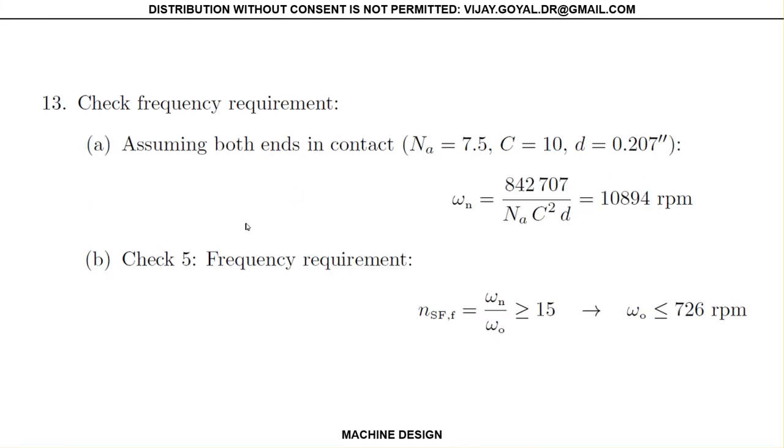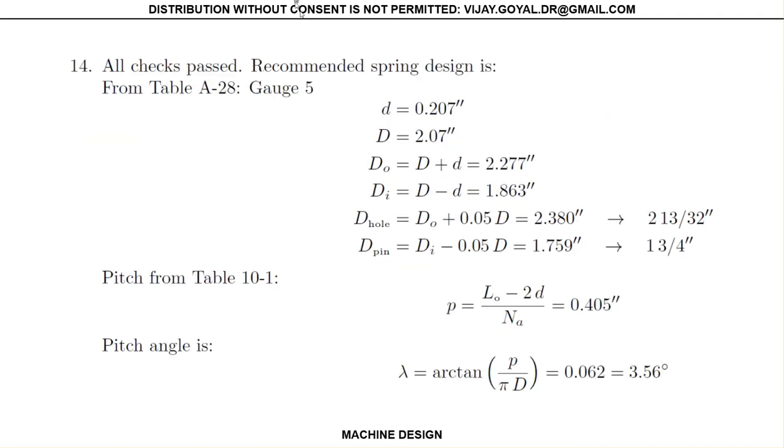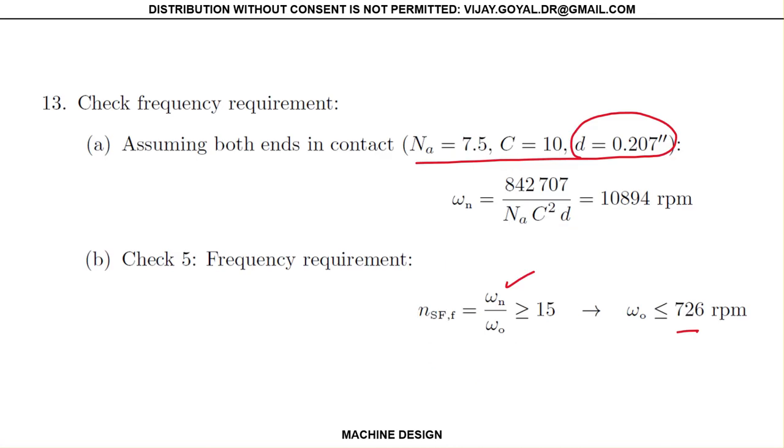And then for the frequency check, both ends are in contact, keeping all the same. The only thing I'm changing is your D. So by doing that, you can see that this is acceptable as well. It is within the range. Just want to point out that this number also changes.